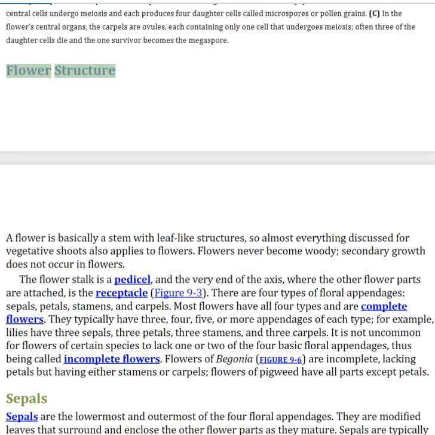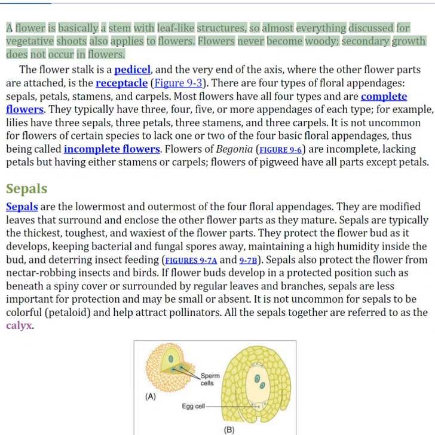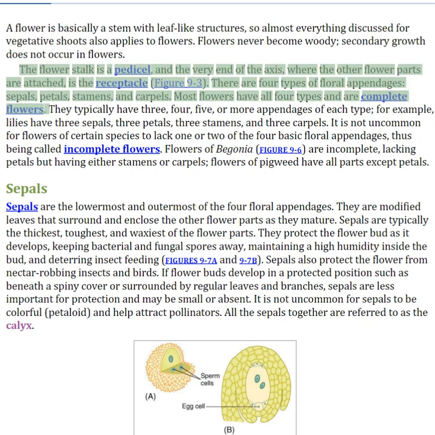Flower structure. A flower is basically a stem with leaf-like structures, so almost everything discussed for vegetative shoots also applies to flowers. Flowers never become woody. Secondary growth does not occur in flowers. The flower stalk is a pedicel, and the very end of the axis, where the other flower parts are attached, is the receptacle.